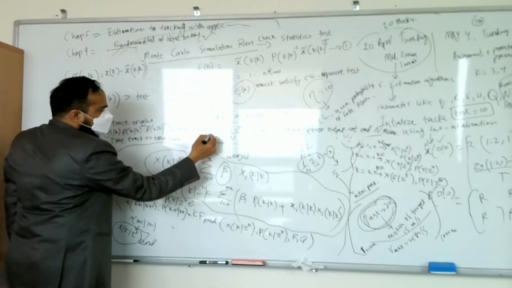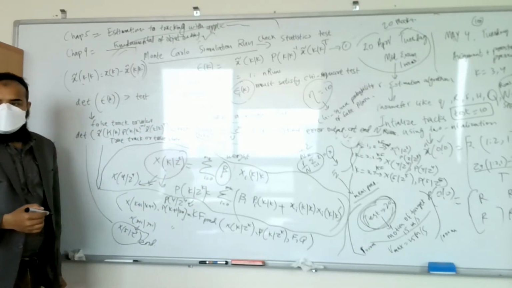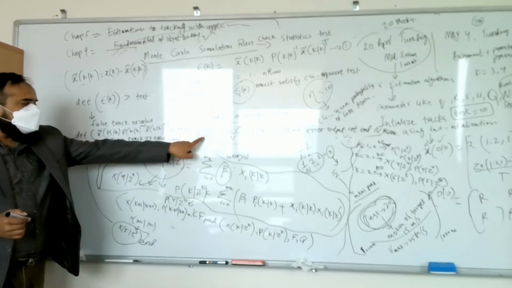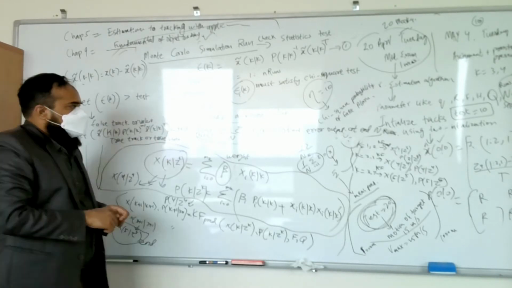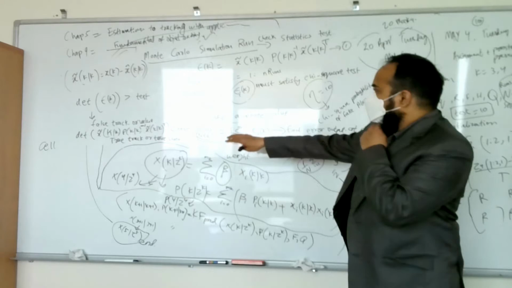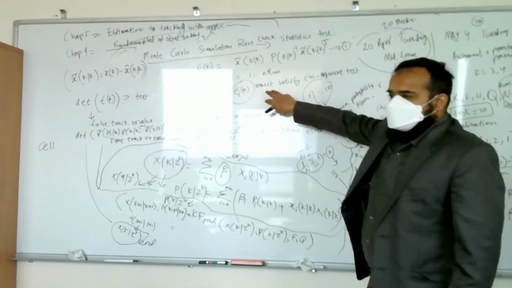So we said that this is a normalized NEES, normalized estimation error squared. So we have normalized this value by calculating the average of the error.